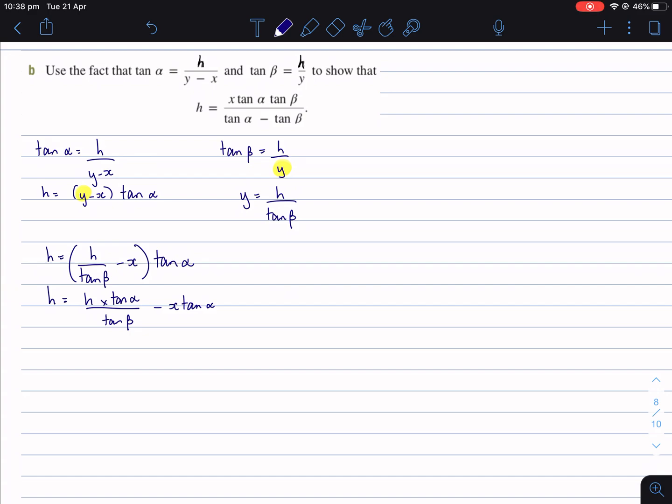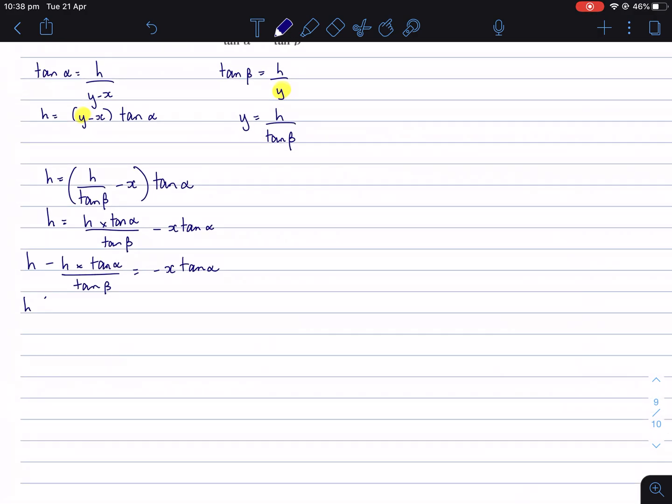Get all the h's to the left, so I've got h minus h times tan alpha on tan beta equals negative x tan alpha. Take the h's out the front. I've got h times 1 minus tan alpha on tan beta equals negative x tan alpha.